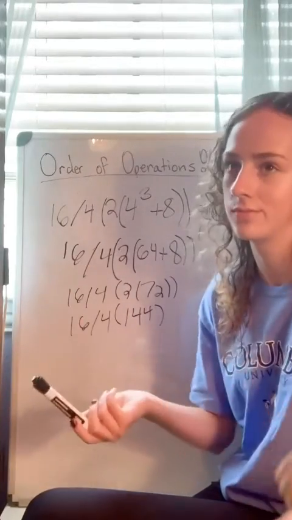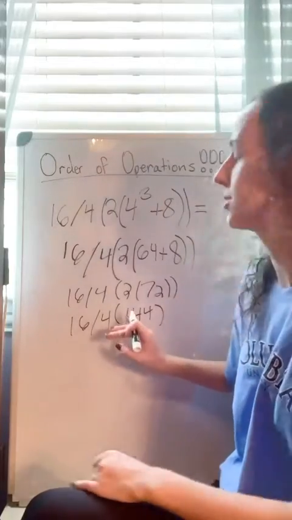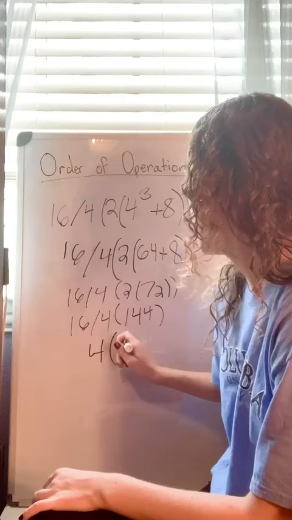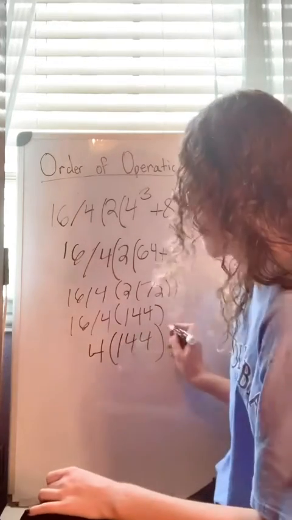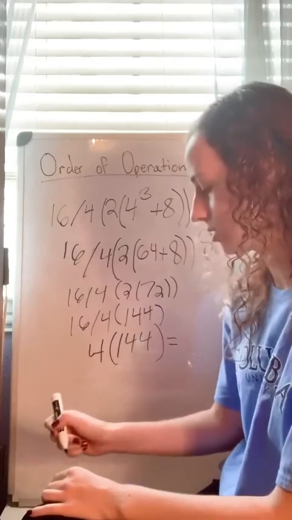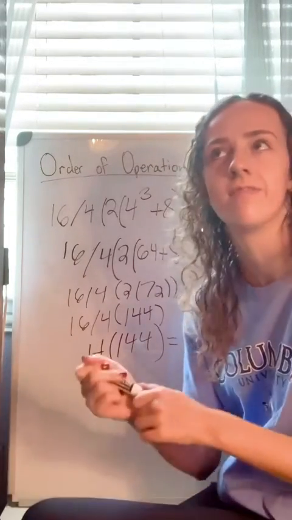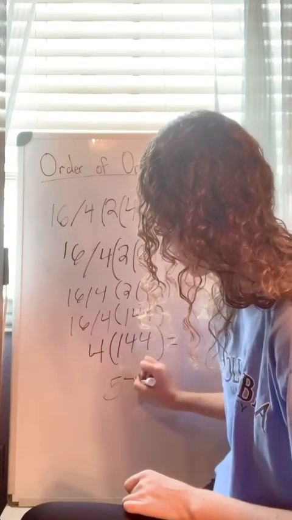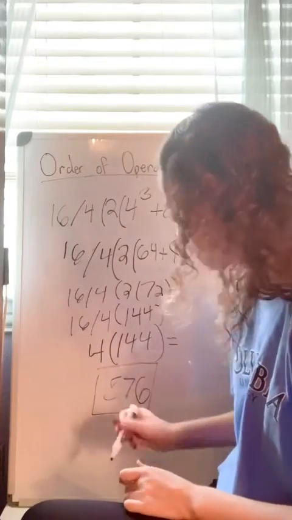So we're going to do the division first, left to right, like I said earlier. 16 divided by 4 is 4, and then we'll be left with 4 times 144. This is our final operation, and 4 times 144 is 576. And that is our final answer.